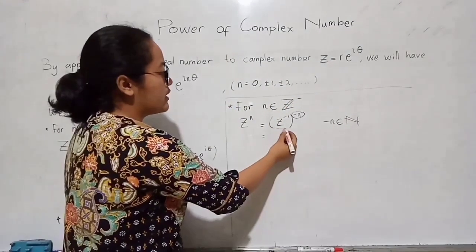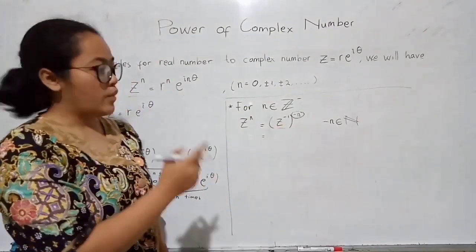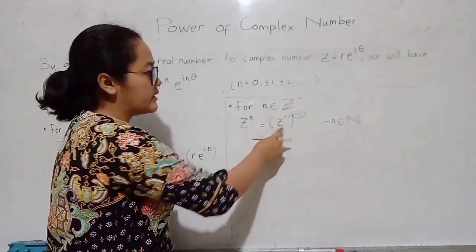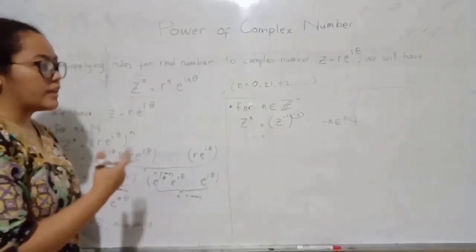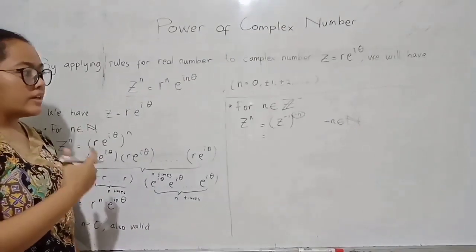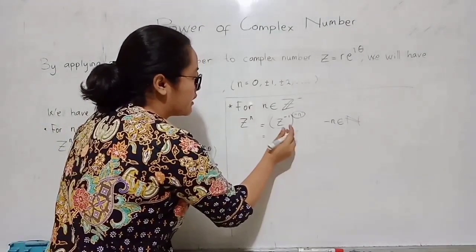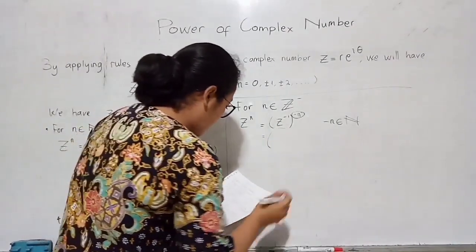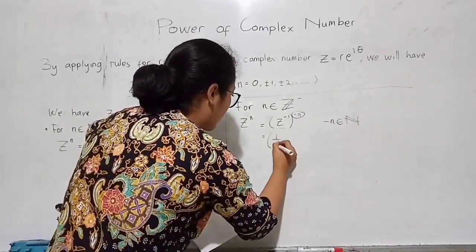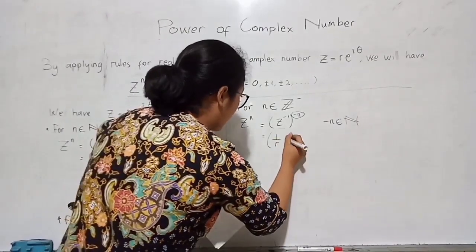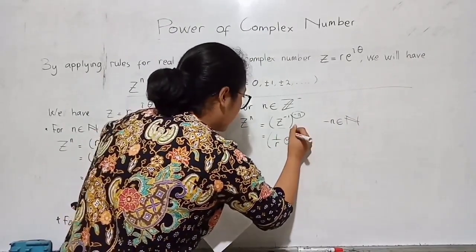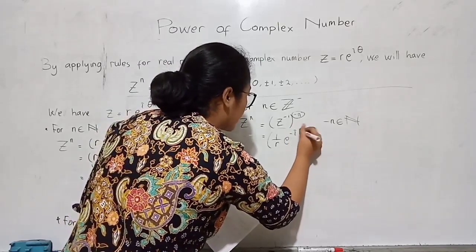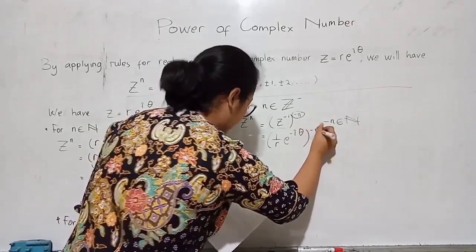Since this one is z power negative 1, we already knew that it is the inverse of complex number, and we already learned before the value of this one is 1 over r times exponential negative i times theta, over negative n.